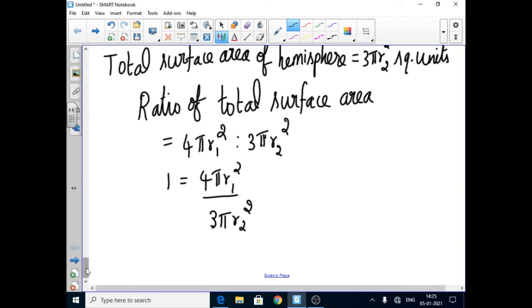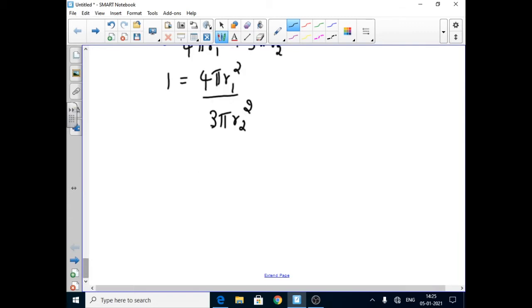So what we do is write the ratio of their total surface areas as equal to 1, because if we cancel here, 1 should come. Here we can cancel pi, pi.